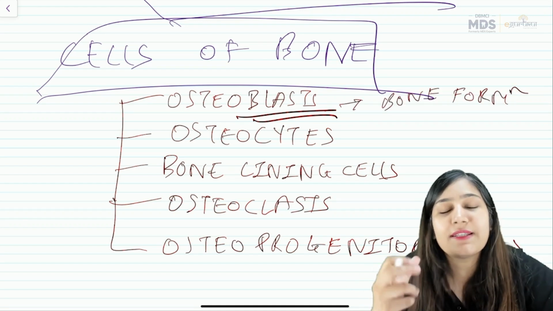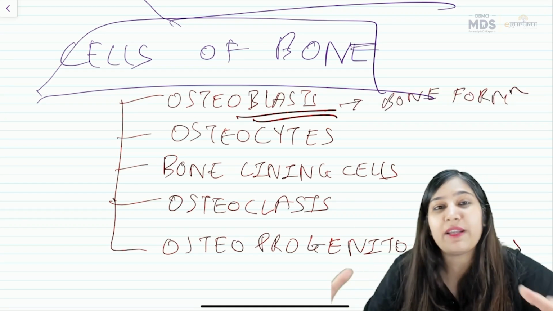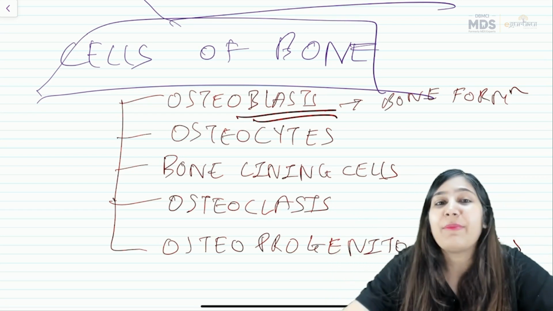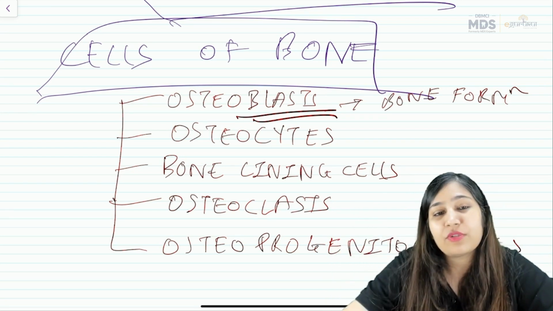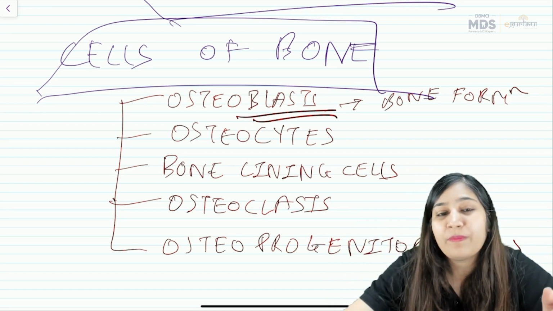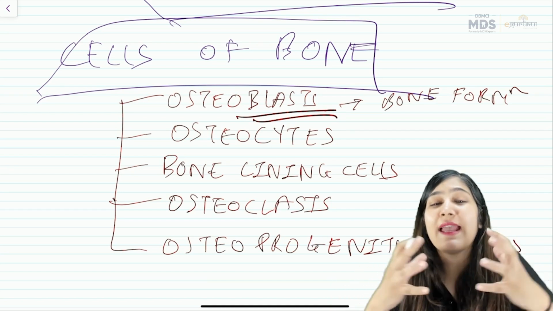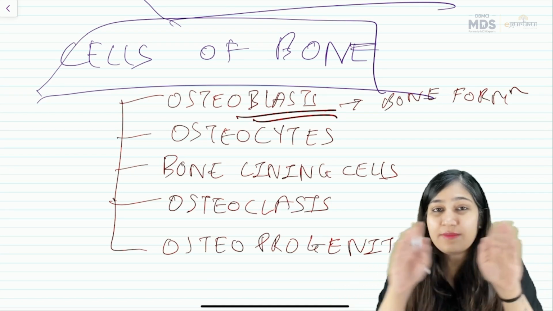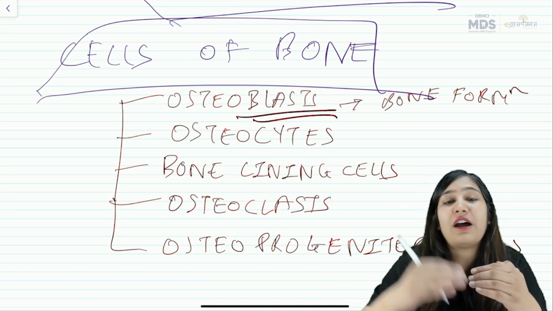Osteocytes, as we had seen with cementocytes, right? During the formation of cementum, some cementoblasts get entrapped within the matrix. They are cementocytes. In the same way in bone, once the bone matrix is formed, osteoblasts should move away from the matrix.